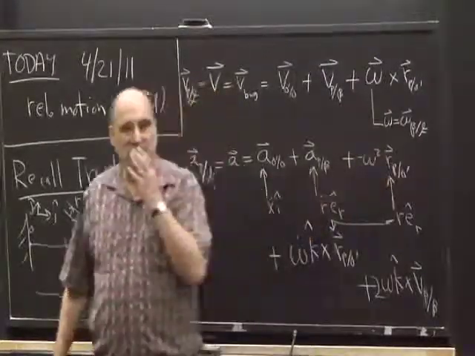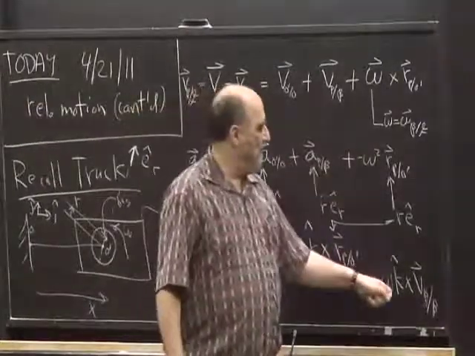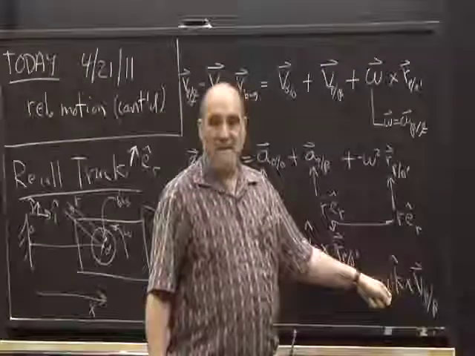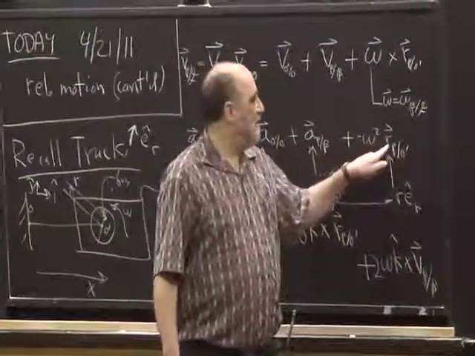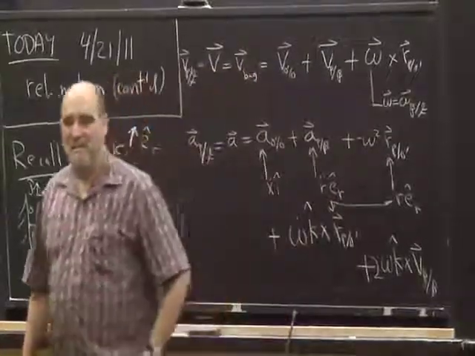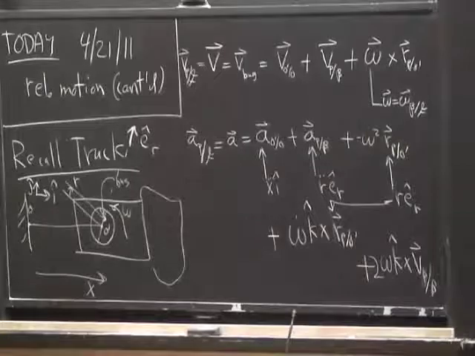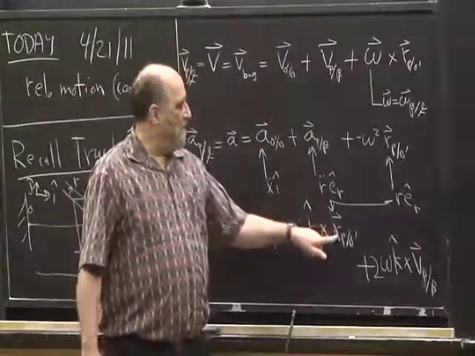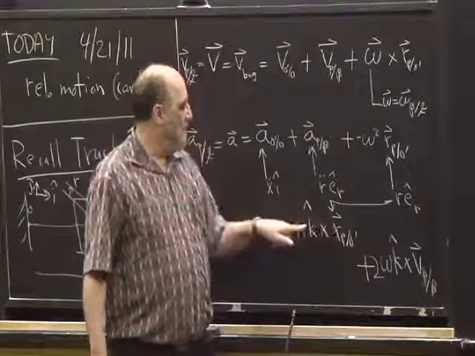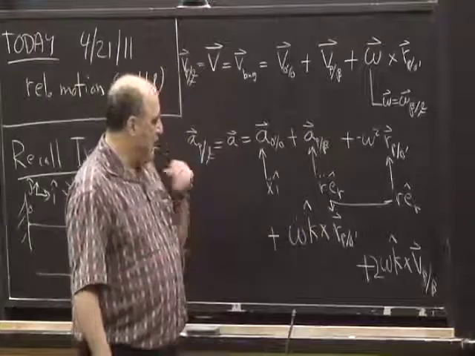We want to kill this term. How can we kill that term? Well, we could make the turntable not turn, but then we're going to kill this term too, and we want to keep this one. So how do we keep this one and kill this one? The bug has to be at the origin. So we have to look at the situation where the bug is passing through O prime. How do we kill this term? Well, the bug is passing through O prime, or we can say omega dot is 0.